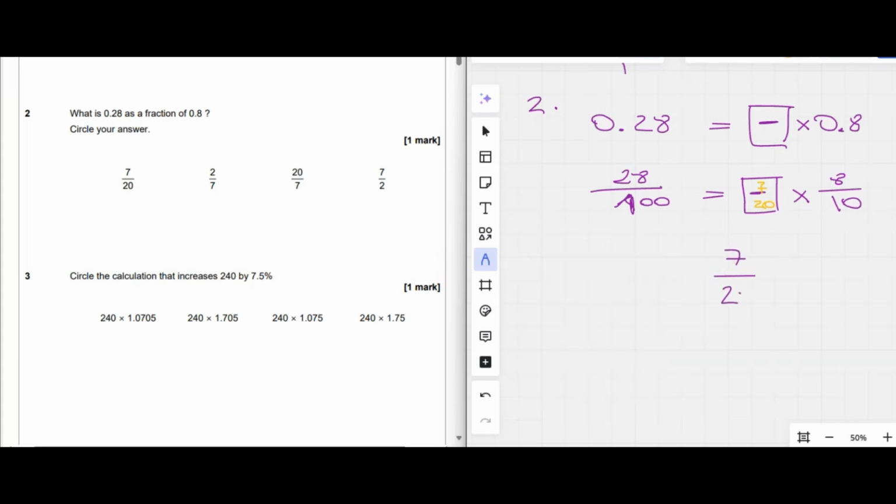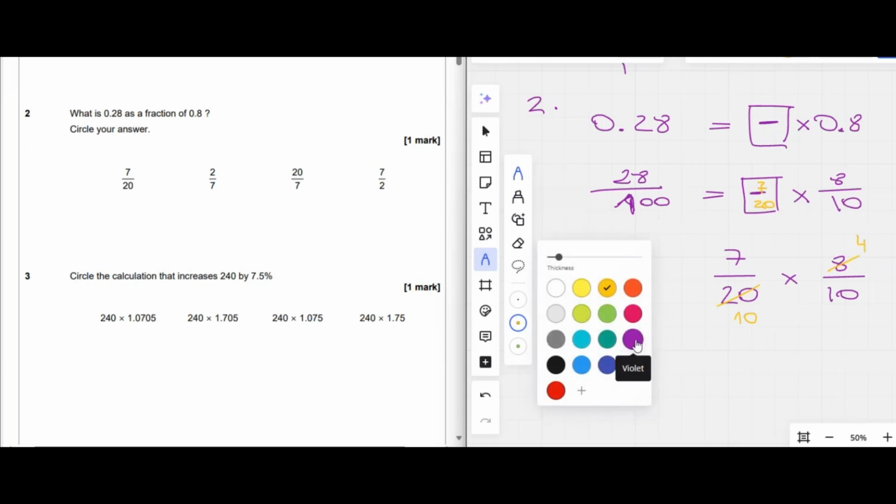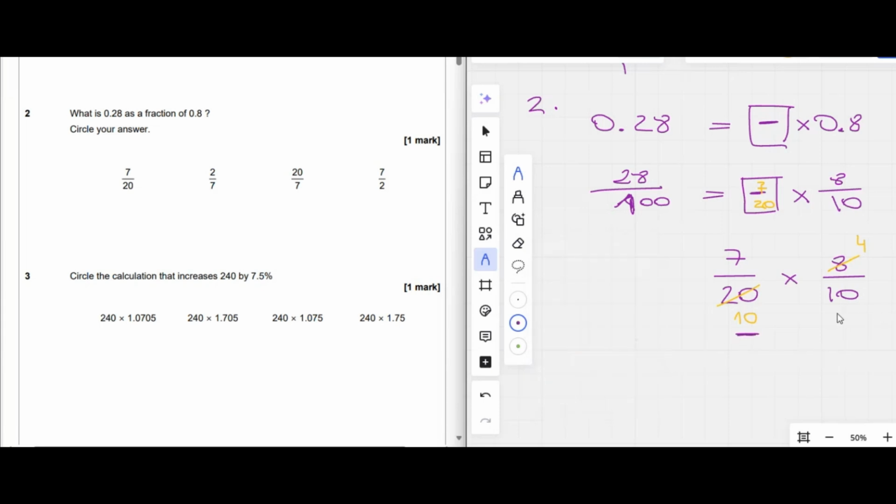On the right-hand side, we have 7 over 20 times 8 over 10. We should simplify first. Let's divide by factor 2. So 20 by 2 is 10, and 8 by 2 is 4. I did that because I want common denominator 100.